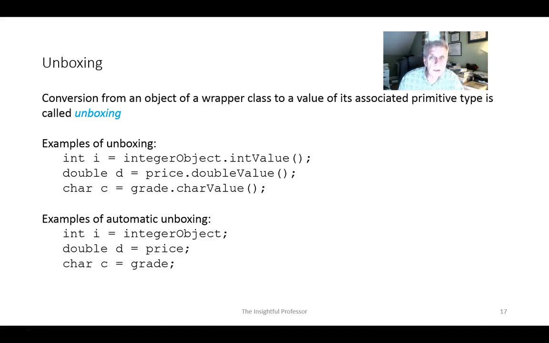Examples of unboxing are shown here. For each of the wrapper classes, we have something called, whatever the data type is, Value. So intValue, doubleValue, charValue. These methods serve to effectively extract from the wrapper class that stored value that's been embedded within an instance variable.